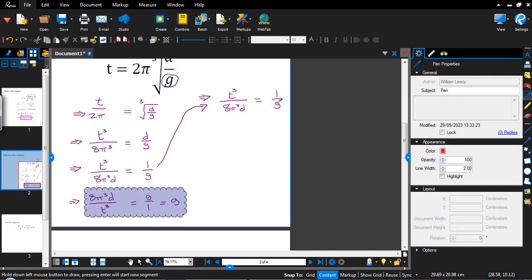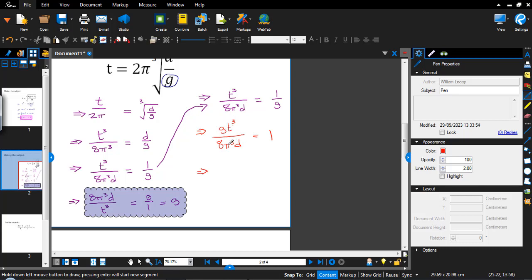Alright, so we want G above the line, so we're going to multiply both sides by G. So that implies G T cubed over 8 pi cubed D equals, well, if we multiply both sides by G, this is just going to be 1, because G over G equals 1.